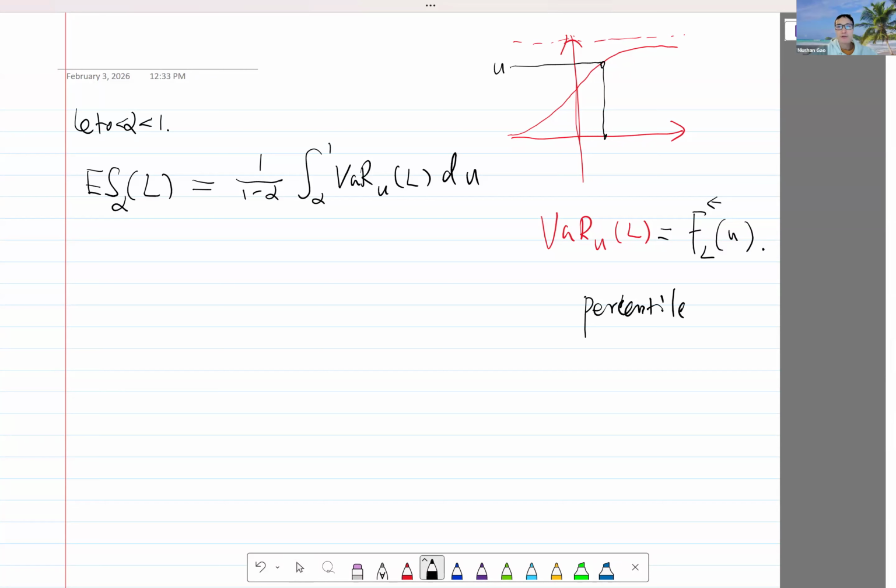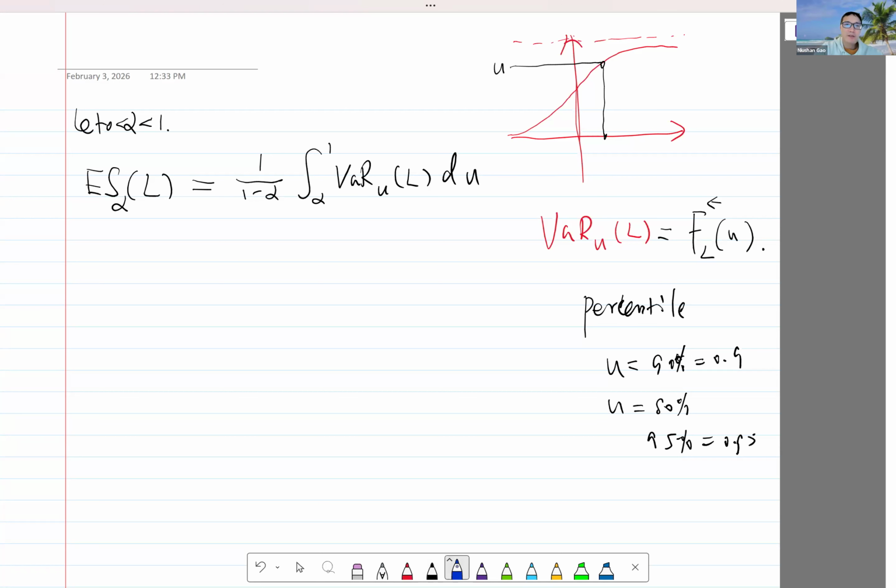For example, if u is 0.9, or 0.8, or maybe 0.95, then the value at risk at alpha equals 0.95 is the 95% percentile. 95% of the time L is less than or equal to this value, and there is a 5% chance L is larger than this value. So now it's the tail values of your loss position. So value at risk is a tail value.